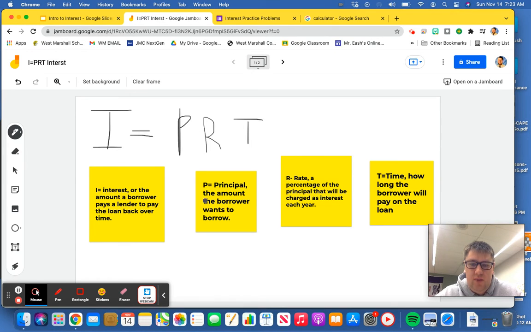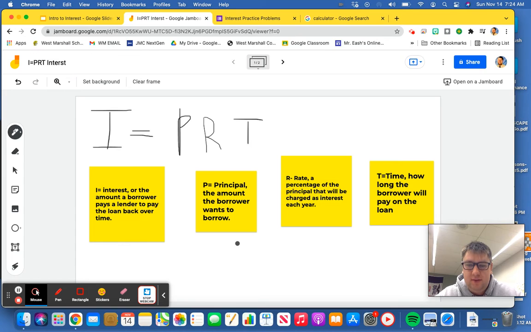Okay, again, the principal is the amount the borrower wants to borrow, right? That's the amount that the thing costs, whether that is $200 for a new game system update or something, or it is $200,000 to buy a new house. Either way, that is the amount you want to borrow.